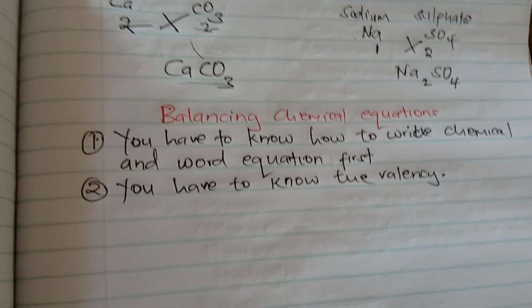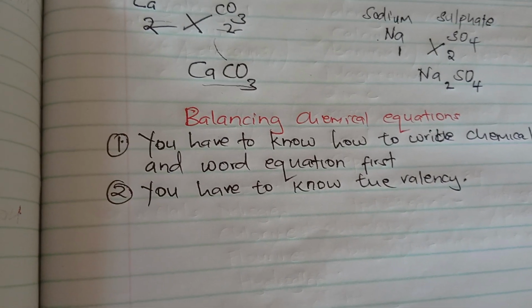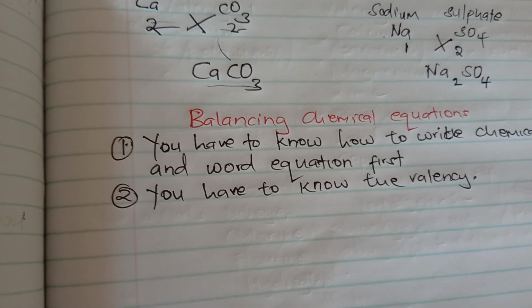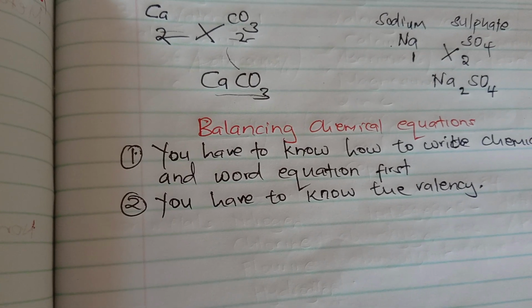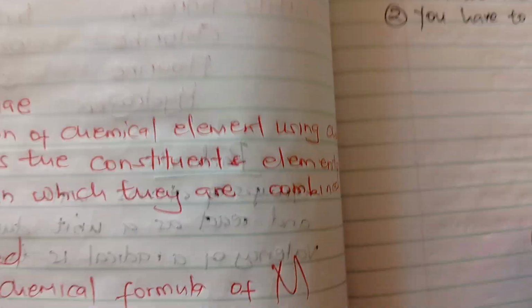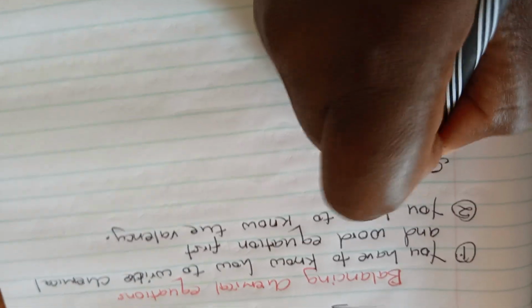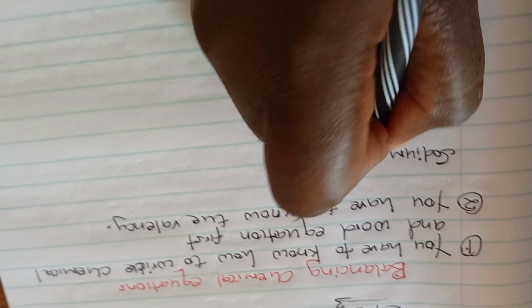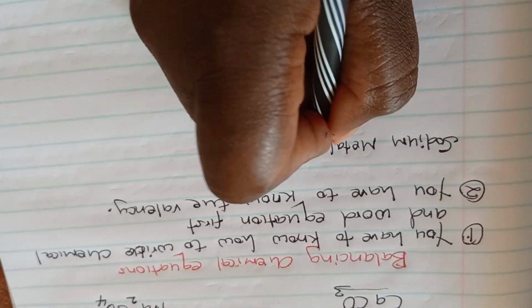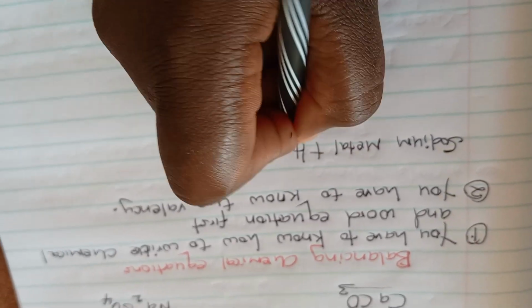Balancing chemical equations. For you to balance chemical equations, you have to know the valency and also the correct chemical formula. So let's do one example. You have, for example, sodium metal plus hydrochloric acid.